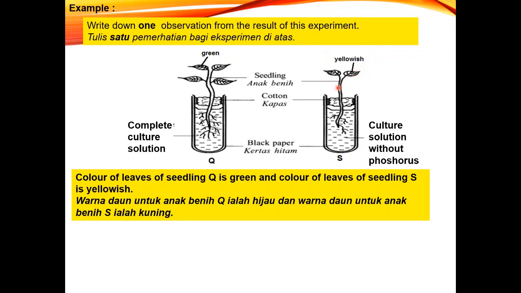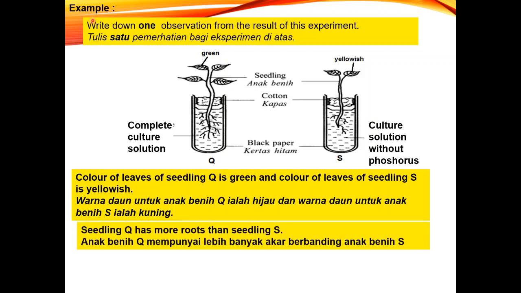So you can write the example of observation like this. Color of leaves of the seedling Q is green, and the color of leaves of seedling X is yellowish. So this is what you can see from the diagram, right? So this is the way you write observation.